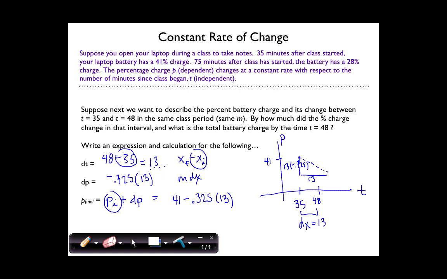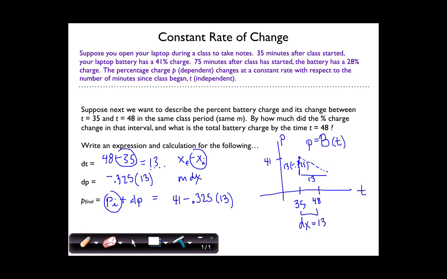So just as a note, if I wanted to use function notation, suppose that instead of just calling this vertical value p, let's say that p and t are related by the function b. P is a function of t, and that function's name is b. If I wanted to talk about p initial here symbolically, that kind of clarifies what's going on.